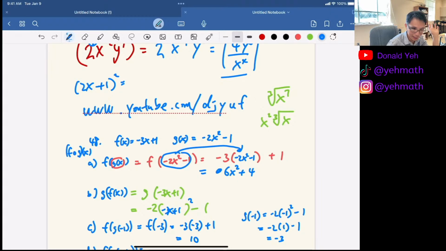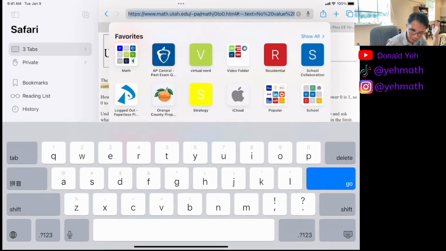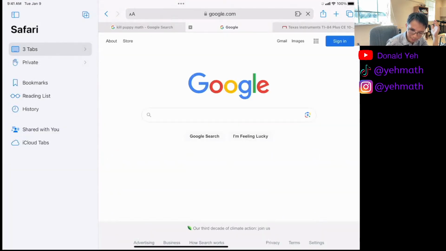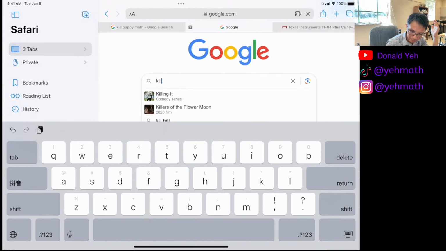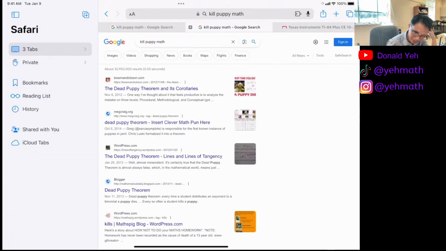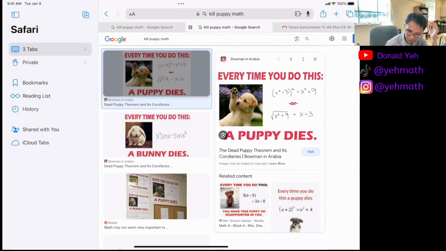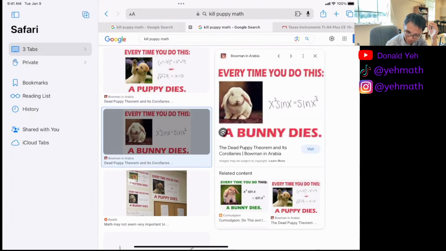If you think like that, that's bad, because technically you can go to Google and search something, like kill puppy math. It's one of the first things that comes out. Every time you do this, a puppy dies.